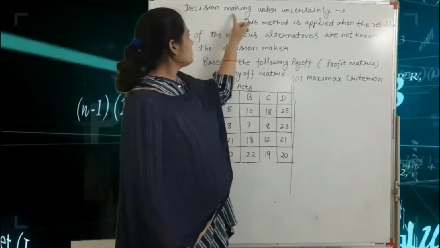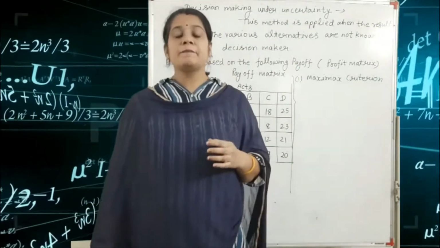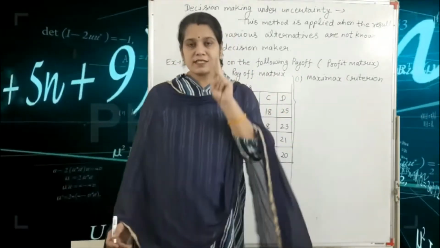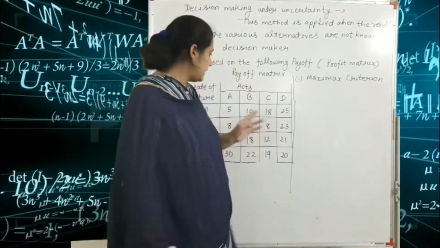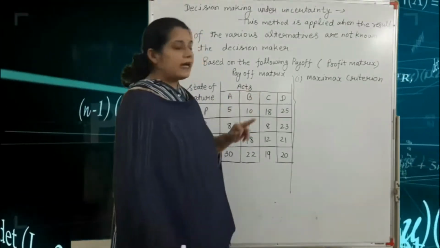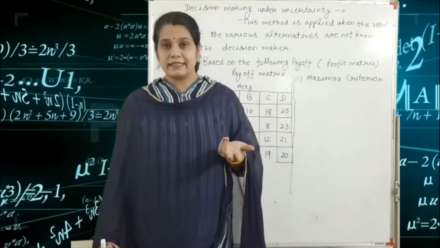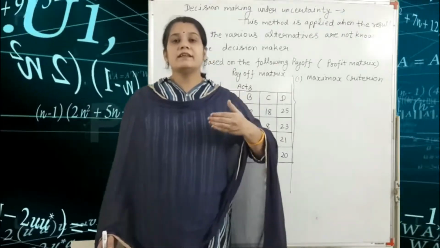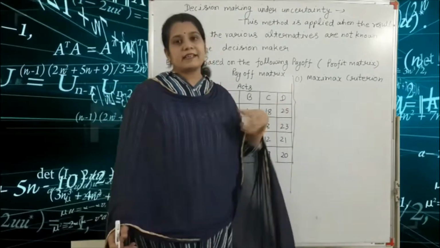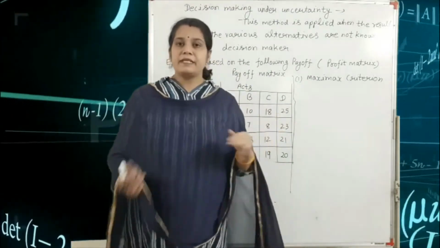In this topic we have five methods. The first two methods depend only on the columns, that is, the states of nature and the acts. Act means the alternative. We find the best alternative, that means we get the profit. First we find the maximax criterion.